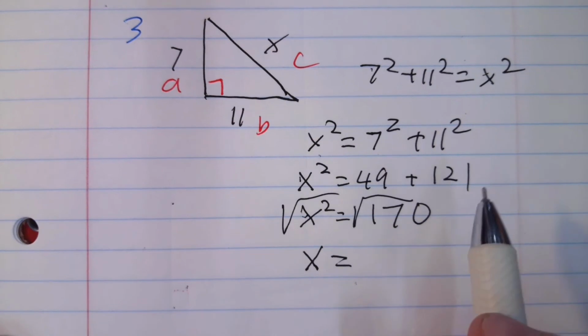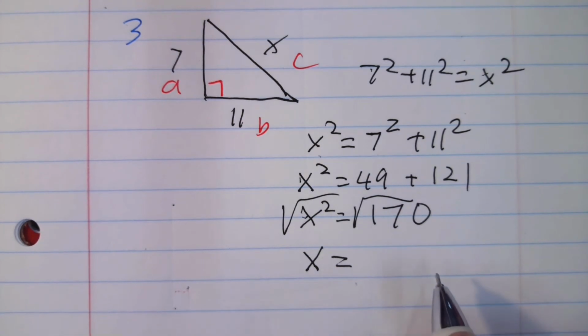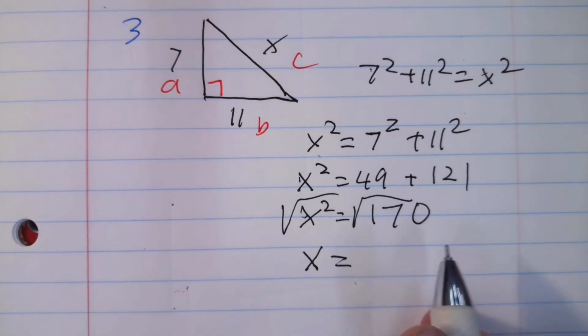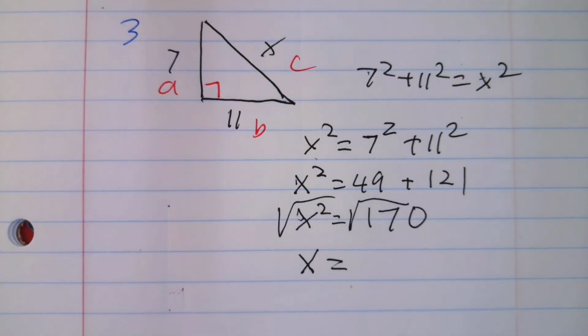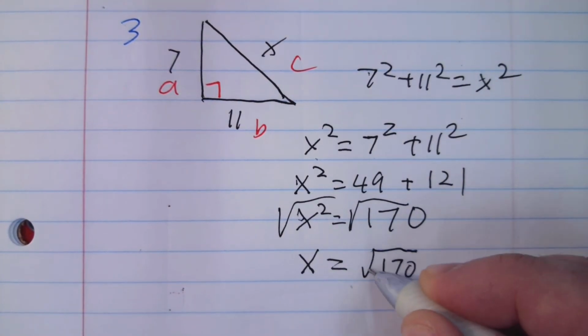I don't want the decimal, I want the exact. I want the simplified radical. Remember the simplified radical? That calculator does it. Well, guess what that means? That means that's as simple as it gets, right?